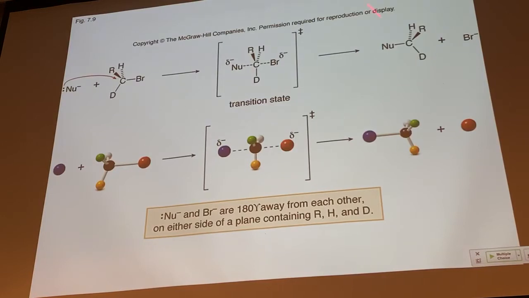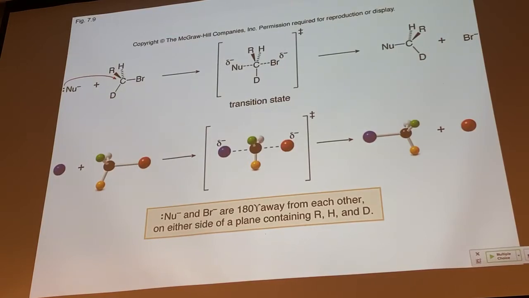And as we proceed to the products, the bond between the carbon and the nucleophile gets shorter and stronger. The bond between the carbon and the leaving group, the bromide, gets longer and eventually breaks. And then as that process continues to occur, those 3 groups are going to move away from the nucleophile until they reach the tetrahedral geometry that we have at the product. Okay?